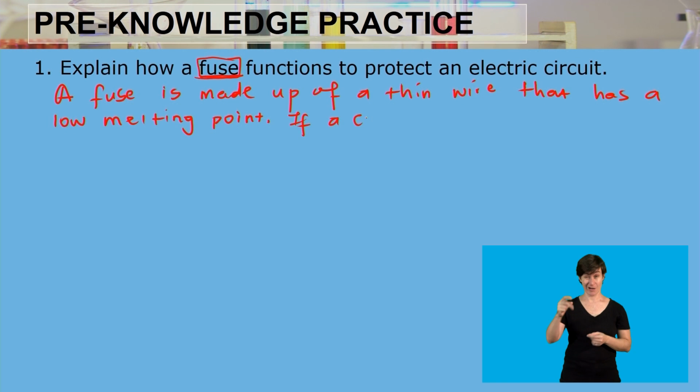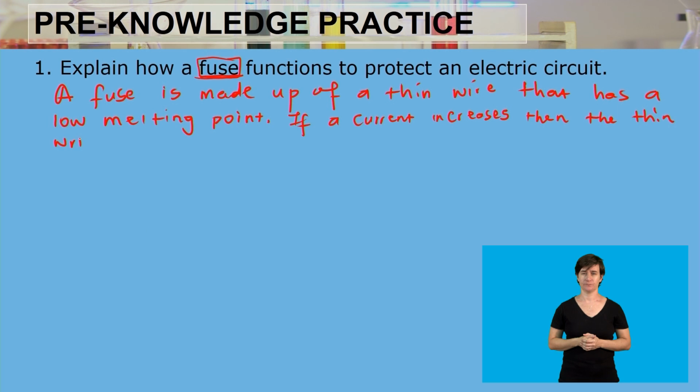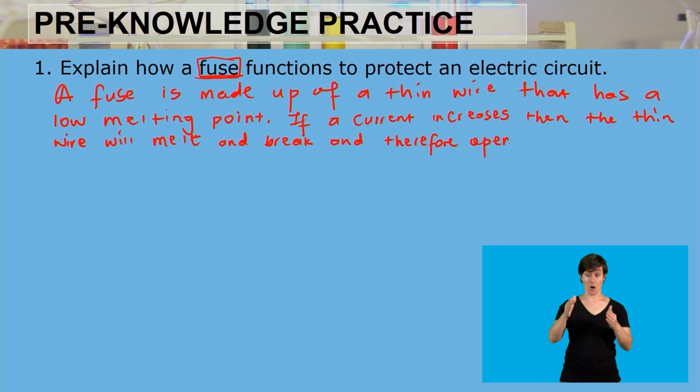So if a current increases, then the thin wire will melt because of the low melting point and break, and therefore open the circuit.